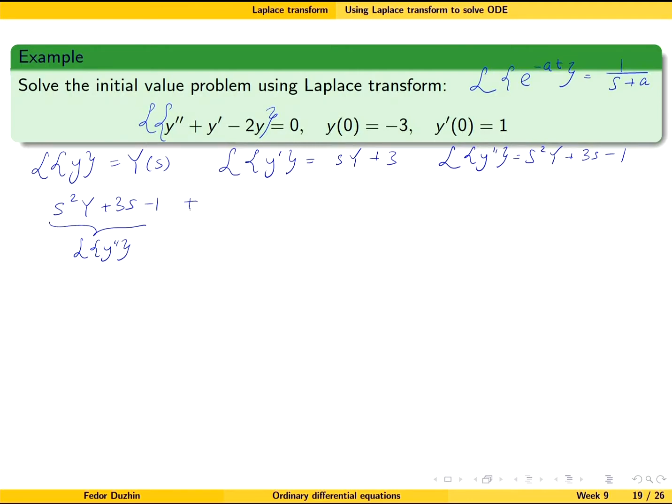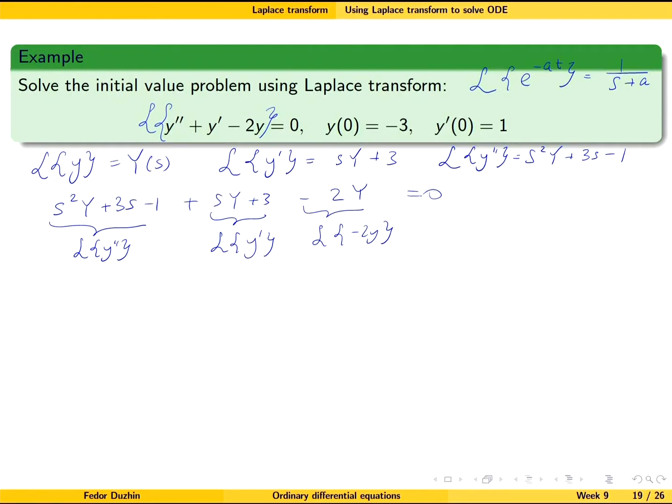So then plus y prime, the Laplace transform of y prime is sY plus 3, and minus 2y, so this is the Laplace transform of minus 2y, should be equal to 0. When I did that, I have used the fact that the Laplace transform is a linear transformation of vector spaces.